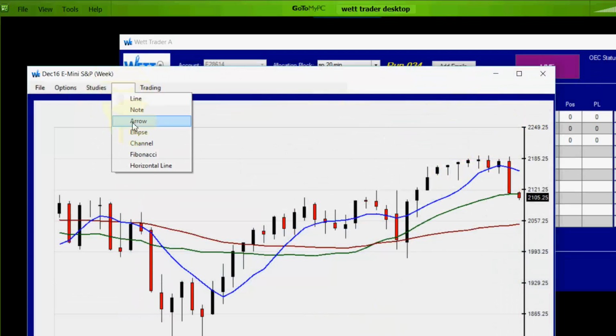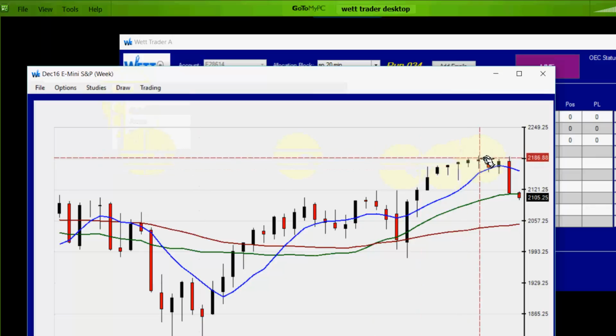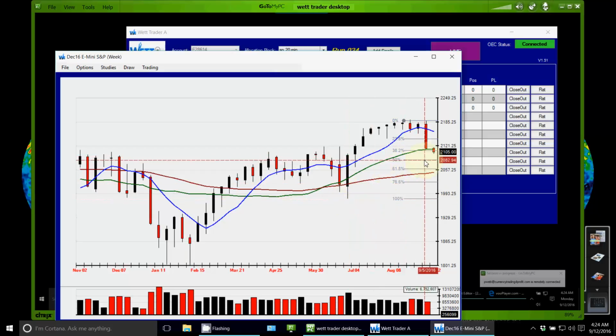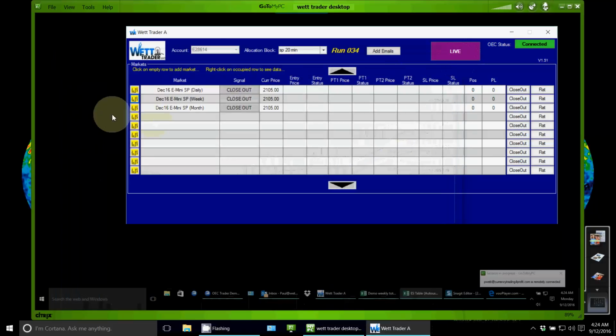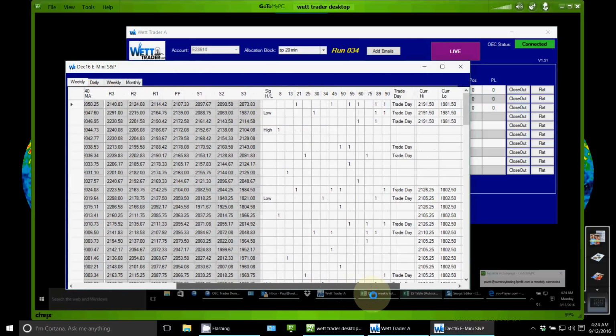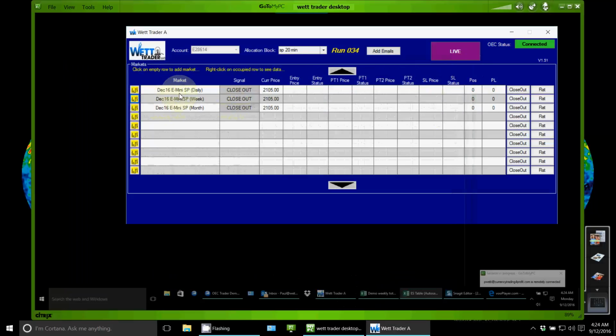Now, you don't have to do all the clicking. The software does it for you. Yes, 2086. Right here at 50% retracement. This is a nice area that might offer some support on our weekly chart, using that 2191 and 1981.50.